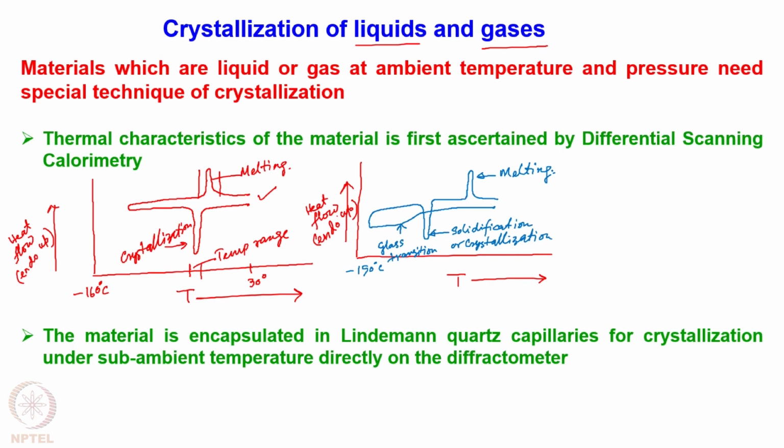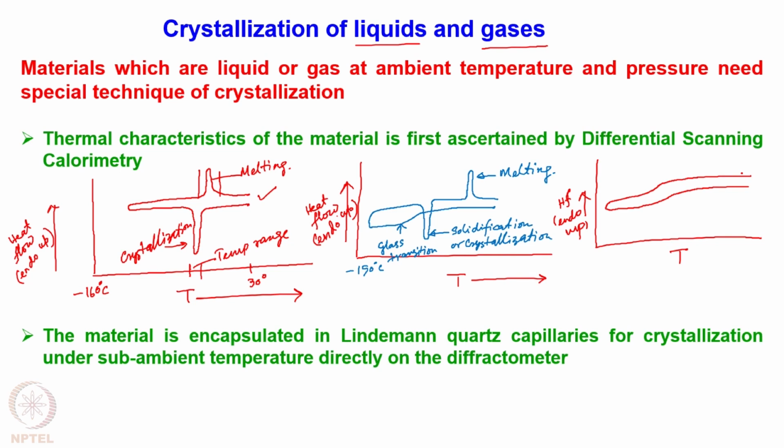We need to know whether they at all form any crystalline phase on cooling or heating, because there are materials of type 3 where if we try to do the same DSC experiment with heat flow endo up, one may end up seeing that the compound forms a glass and then the glass melts.